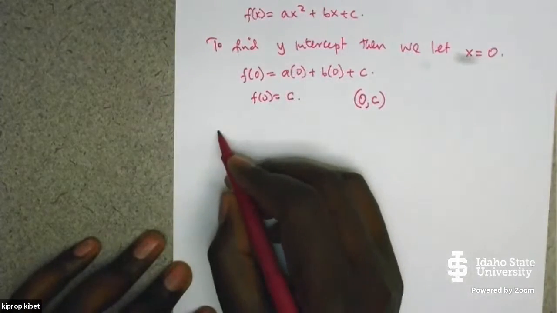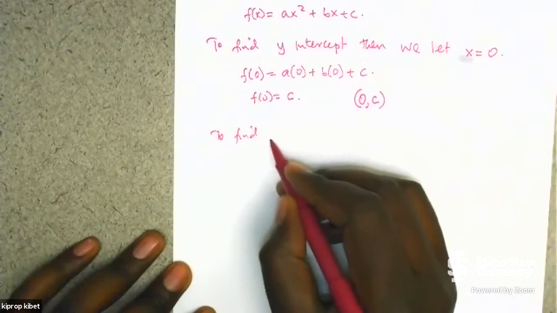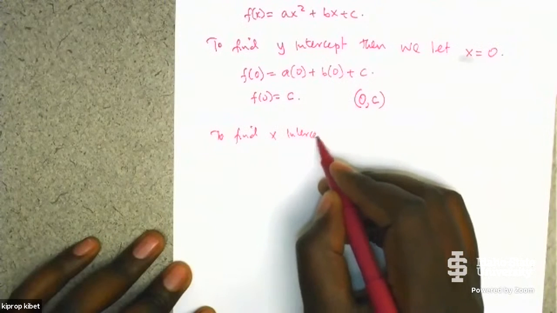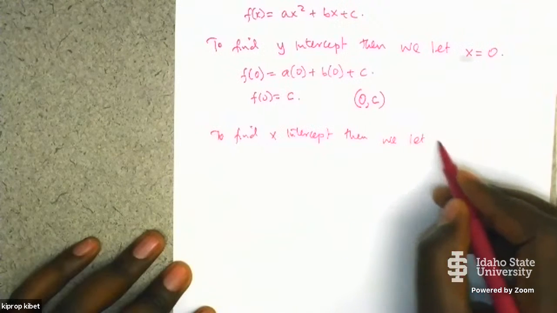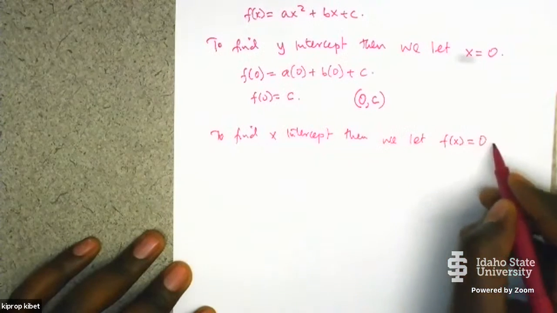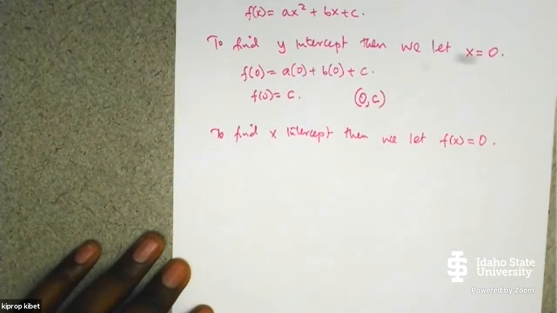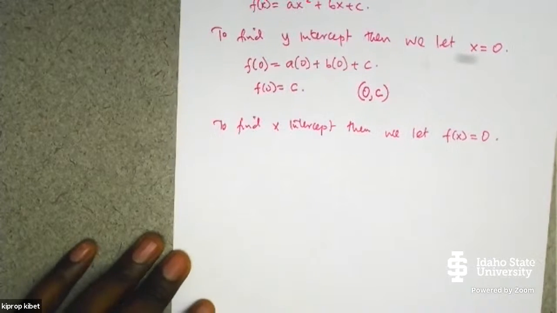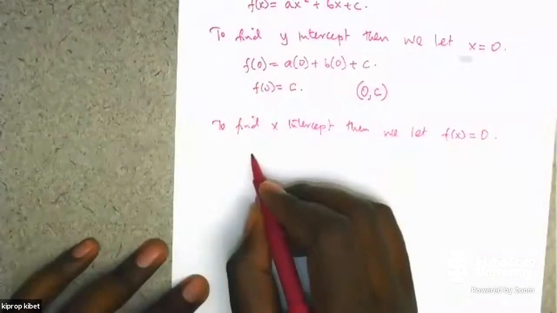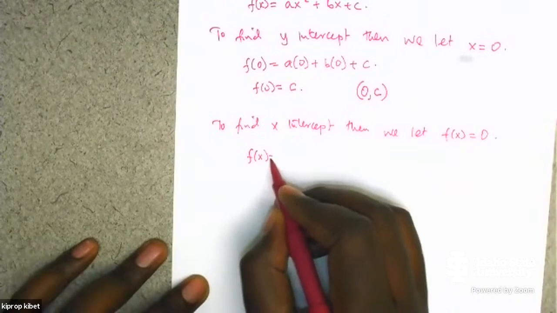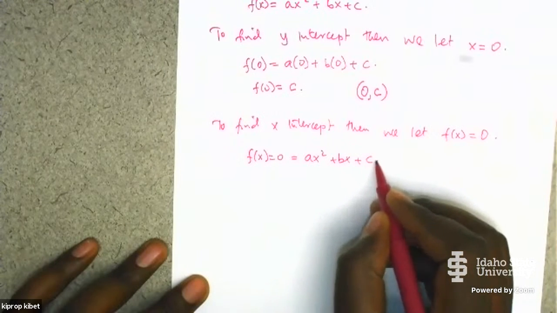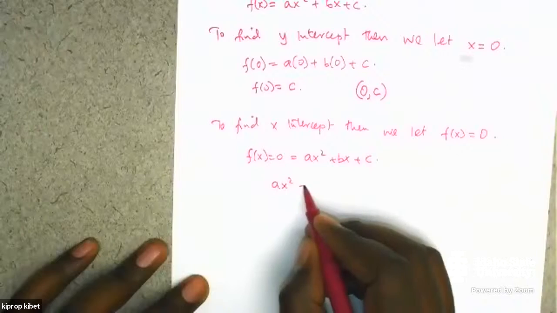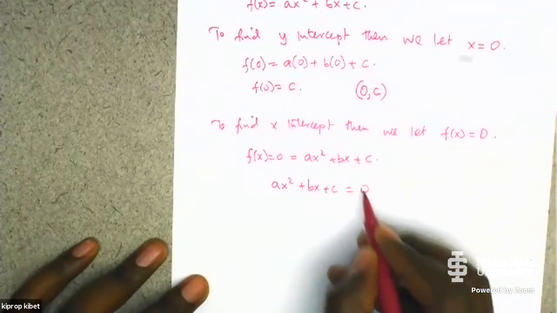Now, to find our x-intercept, we let f of x be equal to 0. So f of x equals 0 equals ax squared plus bx plus c. So we have ax squared plus bx plus c equals 0.